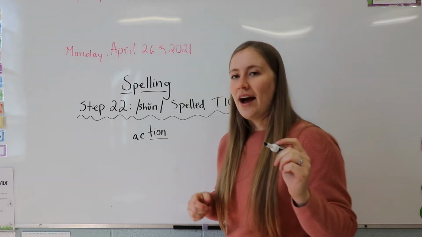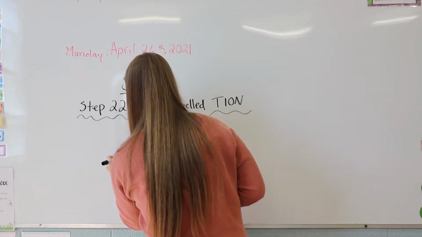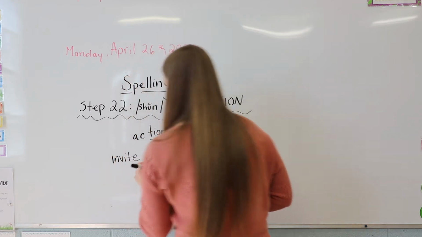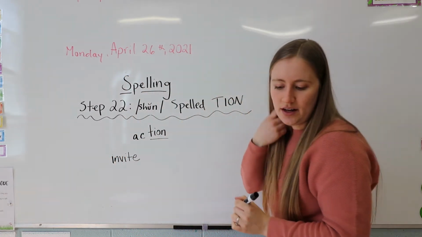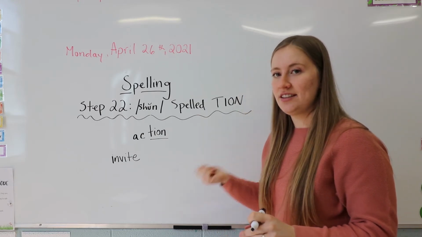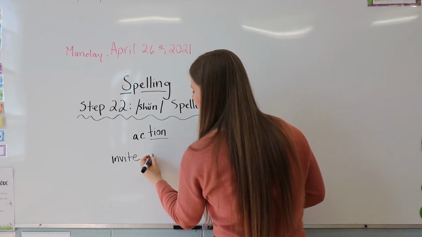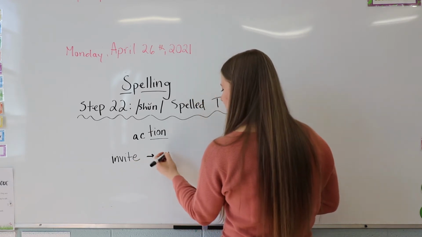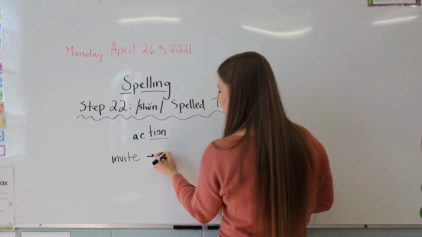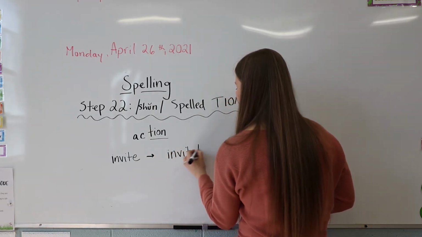Okay, so now when we see words like invite, we can turn this into a word with the T-I-O-N, the shun sound at the end, by dropping the E and putting an A, okay, to give it a syllable in between. So it becomes invitation.